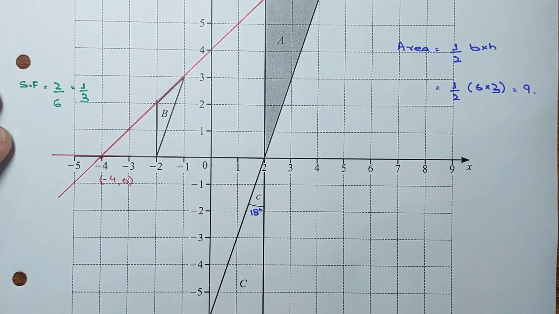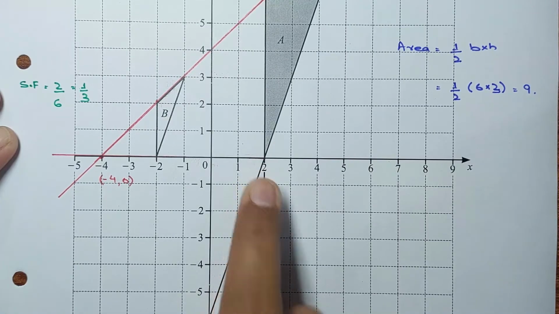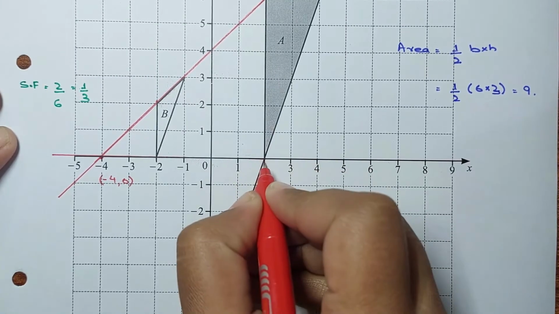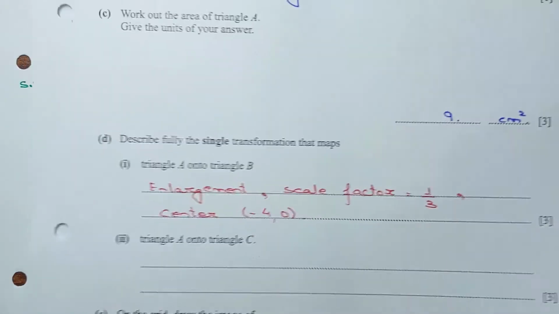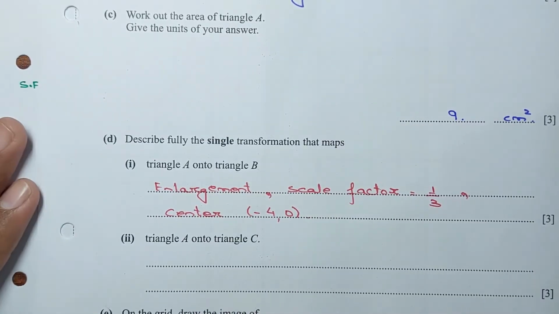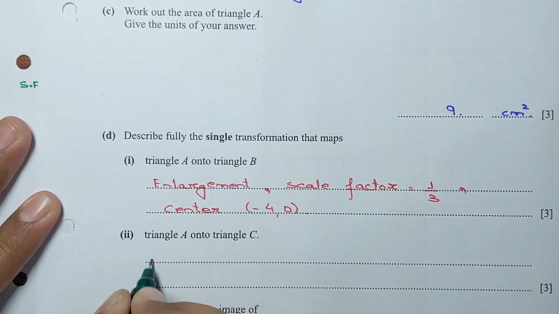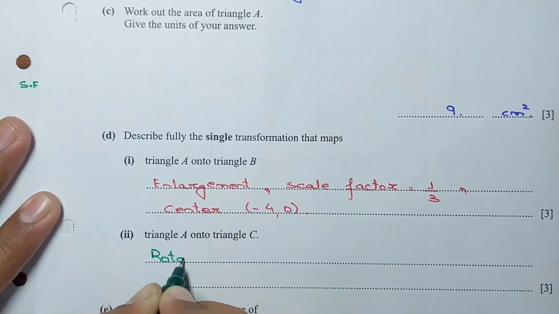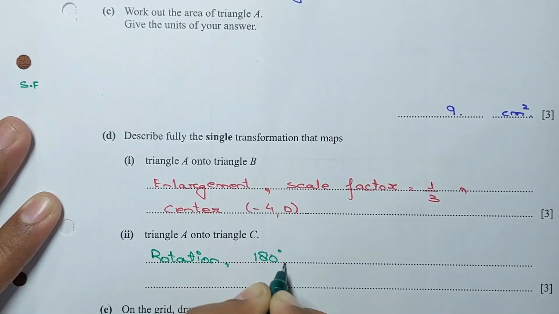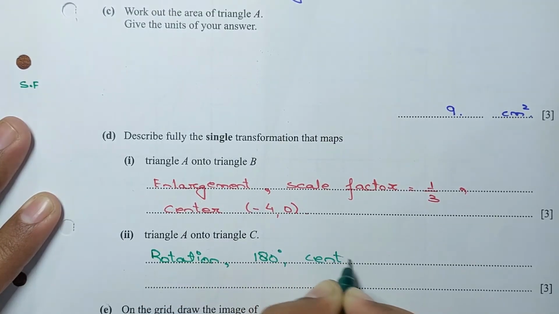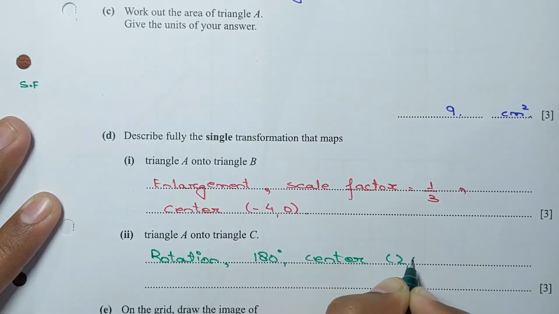So it is 180 degrees, and the center of rotation is 2, 0. So let me rewrite. Triangle A is mapped onto triangle C by a rotation of 180 degrees about the center 2, 0.